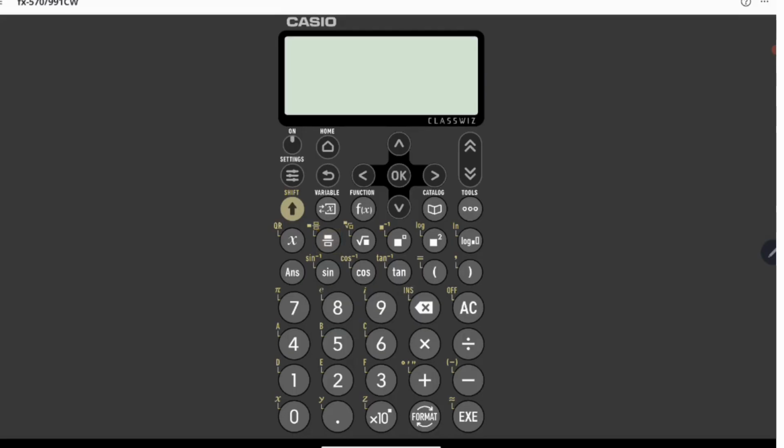So use your fraction button. 32 is the numerator. 100 as the denominator. Press equals. It will simplify it for you. 8 over 25.